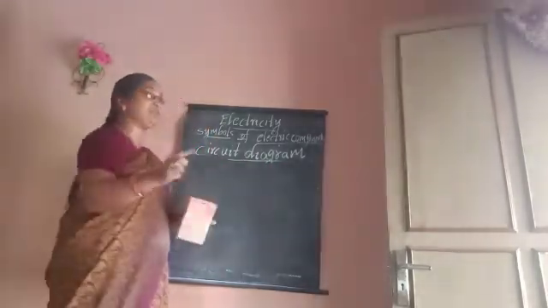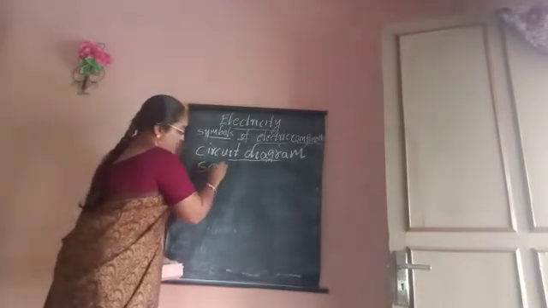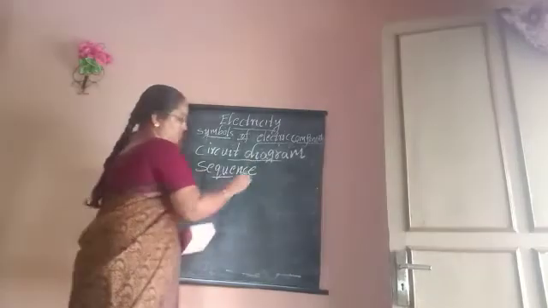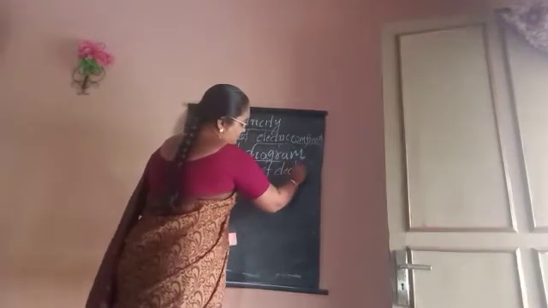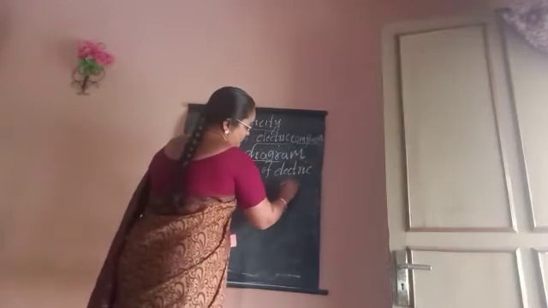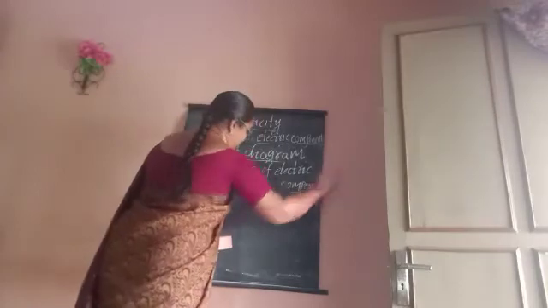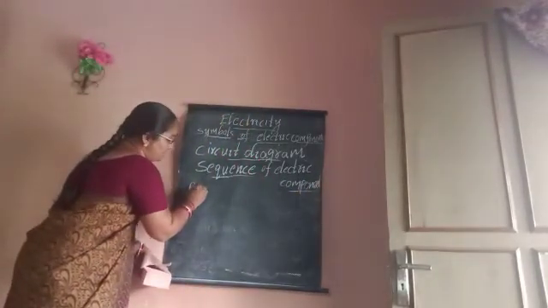What is the sequence of electric components in a circuit? Positive terminal of the cell or battery.